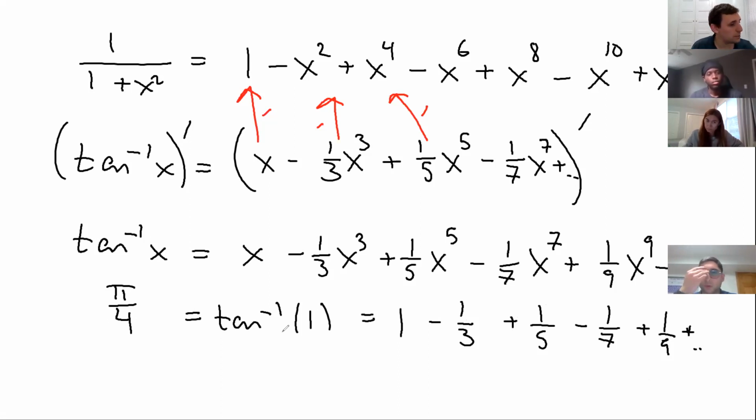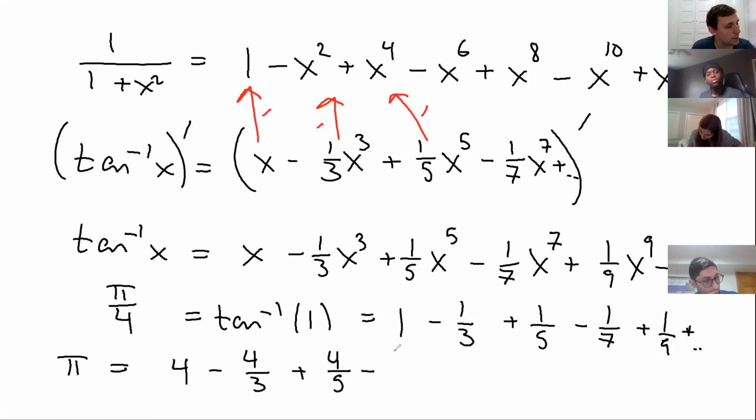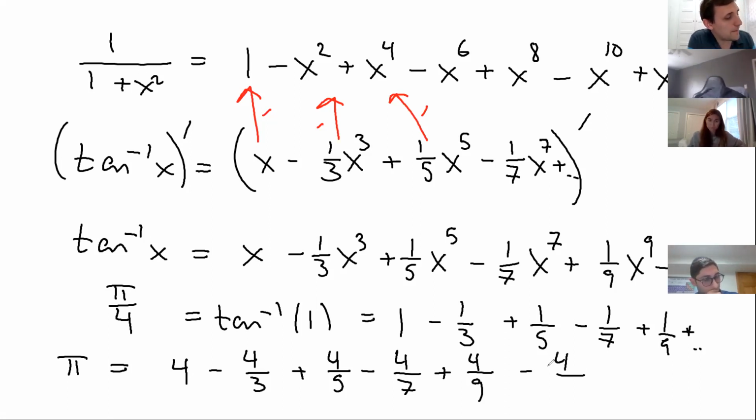I see that if I multiply everything by 4, pi is equal to 4 minus 4 over 3 plus 4 over 5 minus 4 over 7 plus 4 over 9 and so on, right? Then it would be minus 4 over 11 and so on and so forth. Yeah, plus 4 over 13, you know.